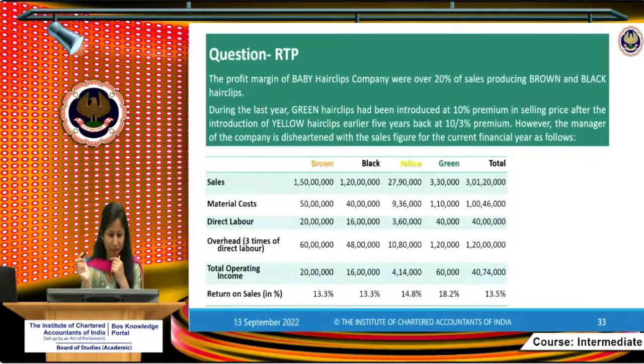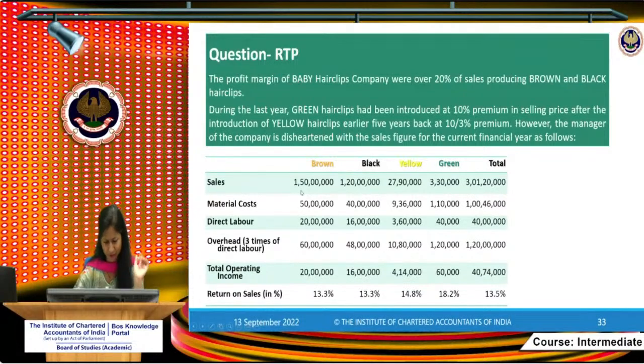First, I'll just read the question and try to tell you how to solve this kind of question. First, we will see what information we have. Then we will go line by line to find out the actual figures and what data they are giving. In the first slide we have sales figure, material cost, labor, overhead.